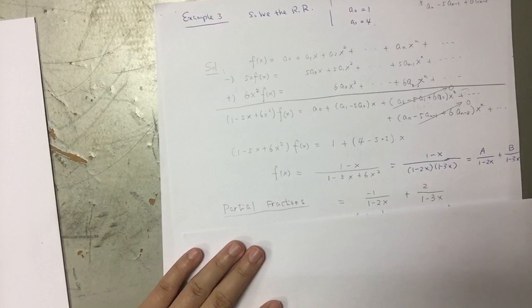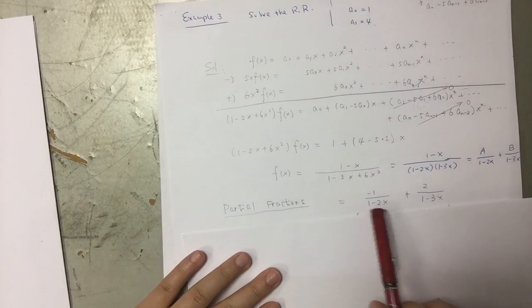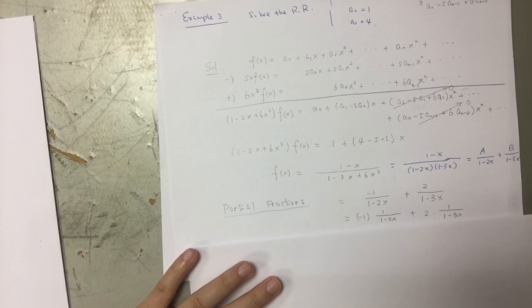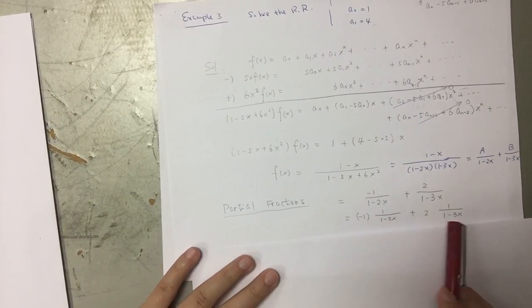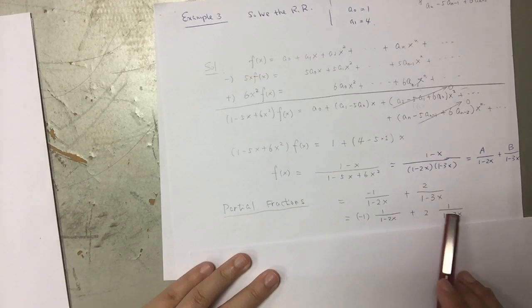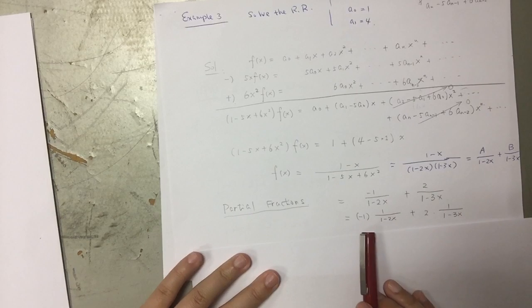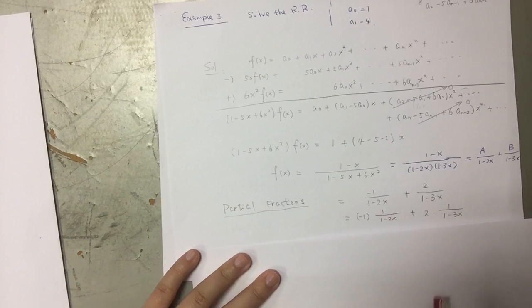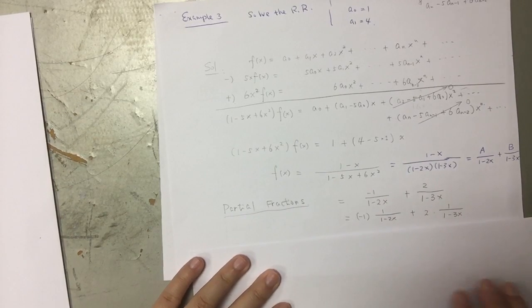Now if we rewrite each of them into these forms, we know how to rewrite each of these fractions into the form of the expanded version.